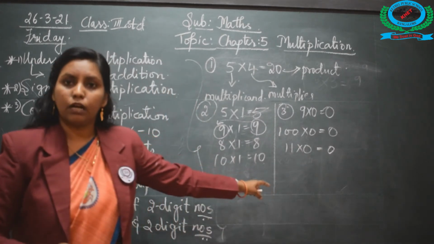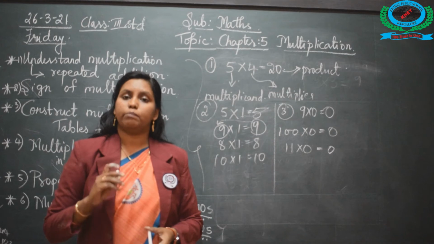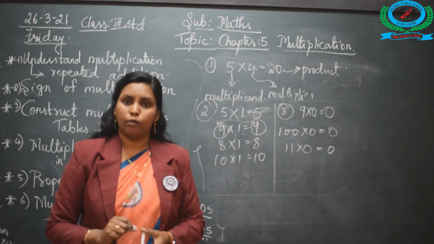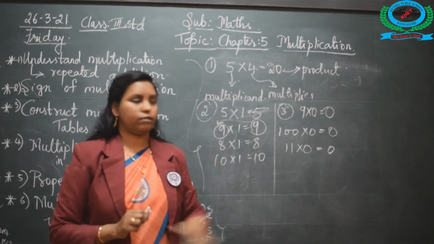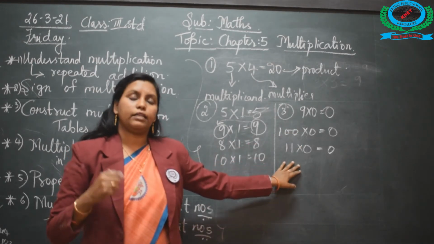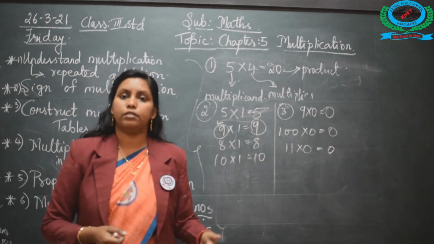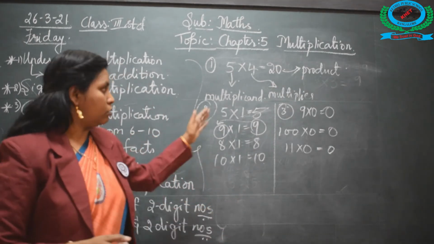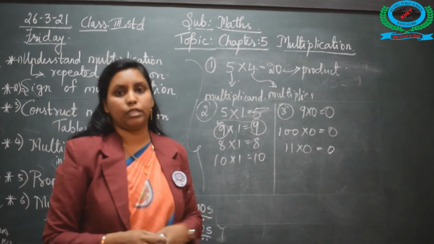So this is the third property of multiplication, that is, when any number is multiplied by 0, the product is always 0. Take 1000, take lakhs, anything multiplied by 0 will be 0. So these were the three important properties of multiplication.